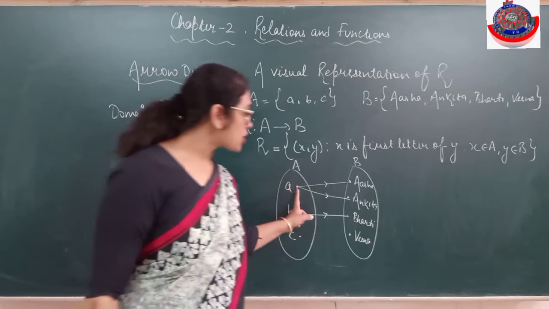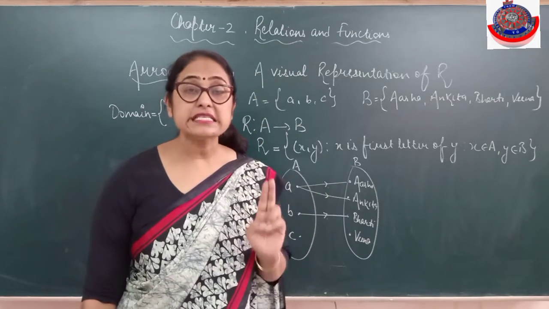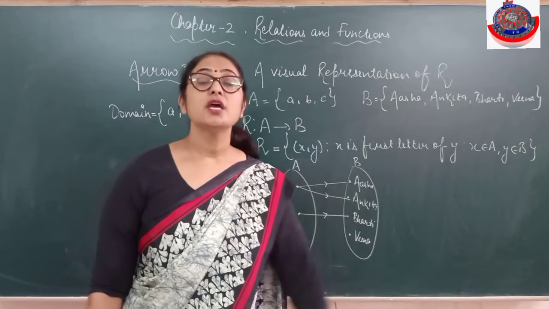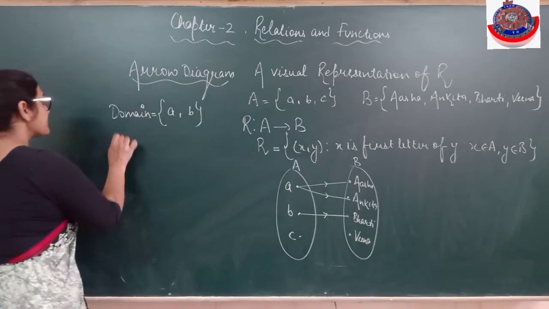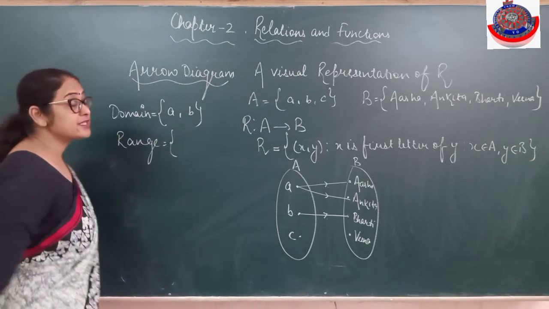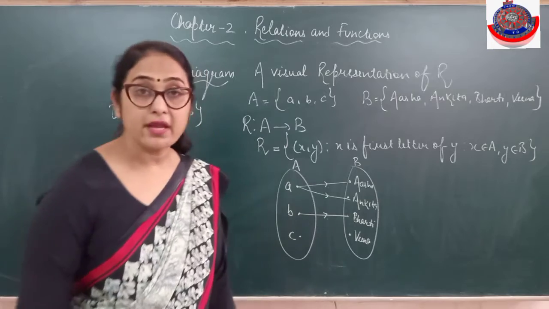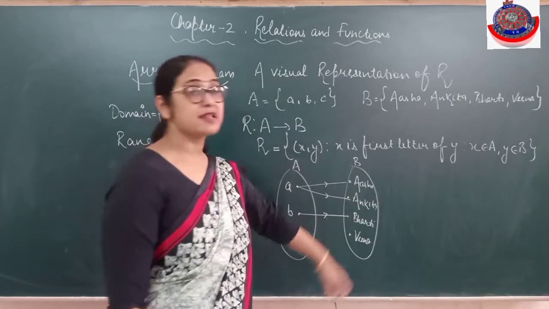Otherwise, if I talk about order pairs, it will be A Asha, A Ankita. A is coming twice. But you know that in sets, we never repeat the element. So it will be A, B. What is my range? Range is the second elements of each order pair. अब second element में A Asha, so Asha, A Ankita, Ankita, B Bharti, Bharti.